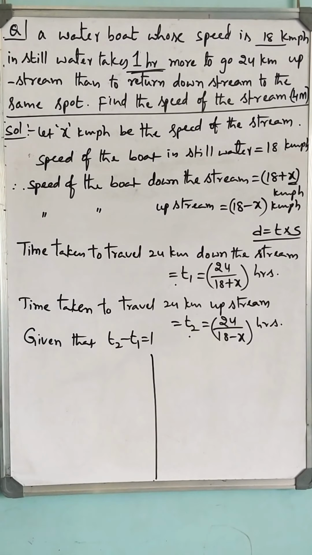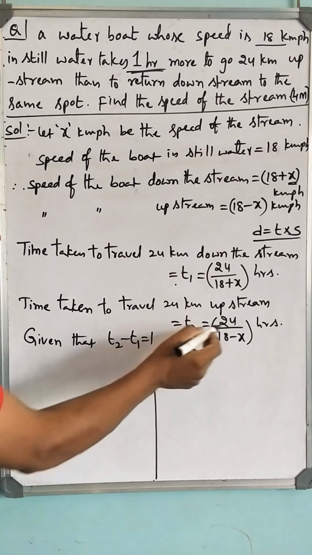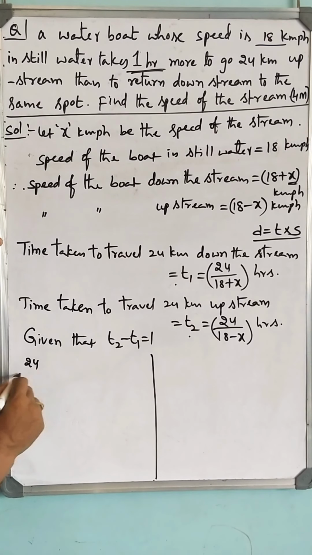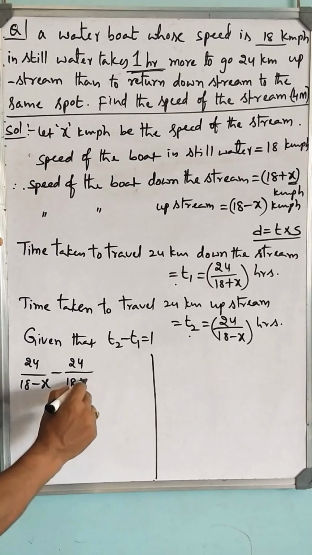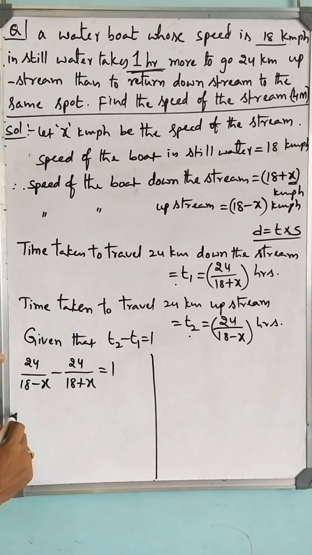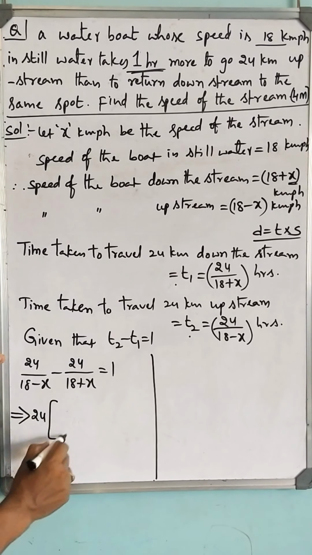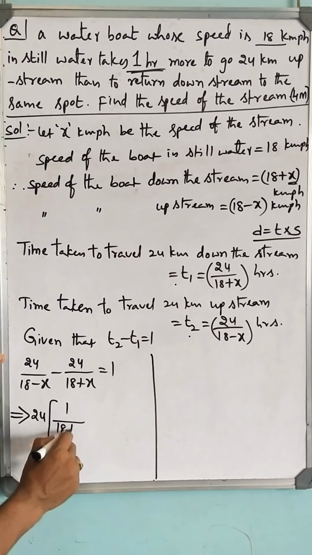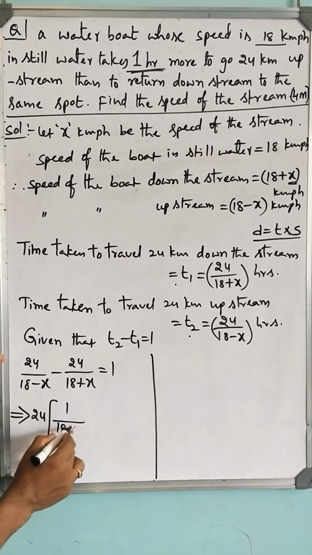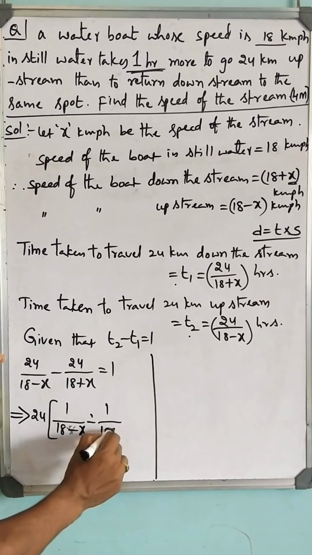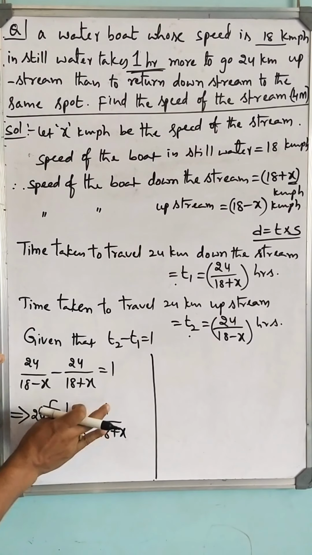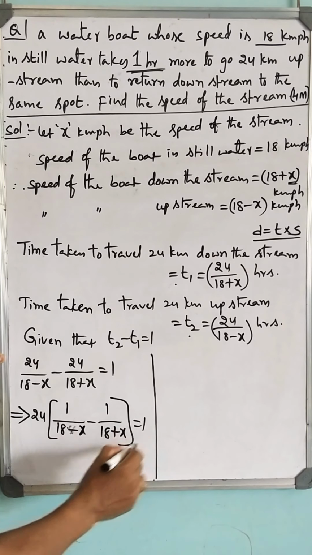Let us make use of this small space. What is t2 minus t1? 24 by 18 minus x minus 24 by 18 plus x is equal to 1, which implies take 24 common. 24 into 1 by 18 minus x minus 1 by 18 plus x is equal to 1.